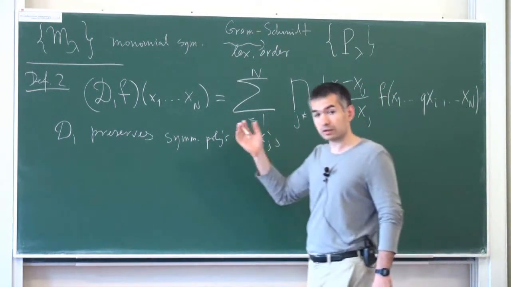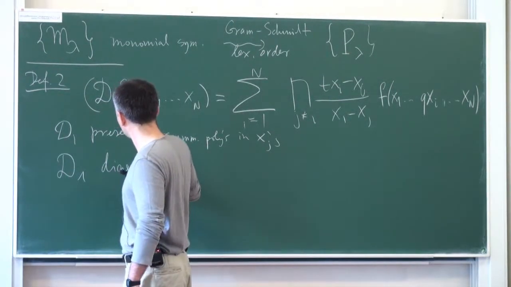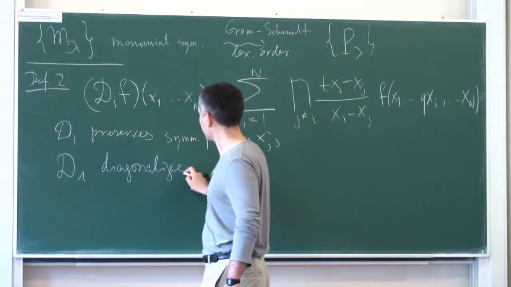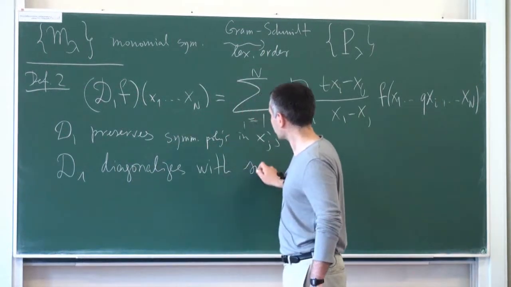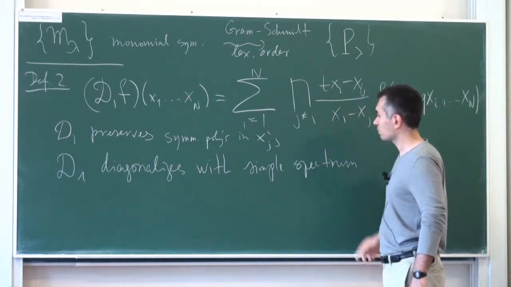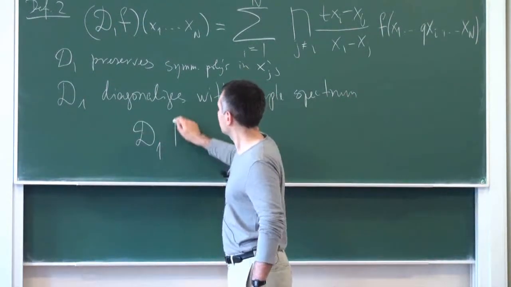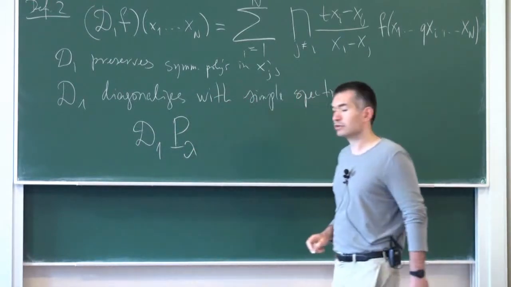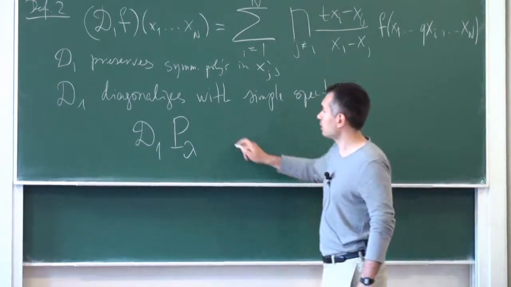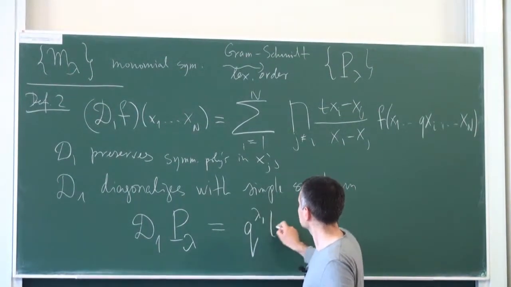And moreover, D1 diagonalizes with simple spectrum. If I denote the eigenfunctions by P lambda, then the eigenvalues are actually not hard to write down.